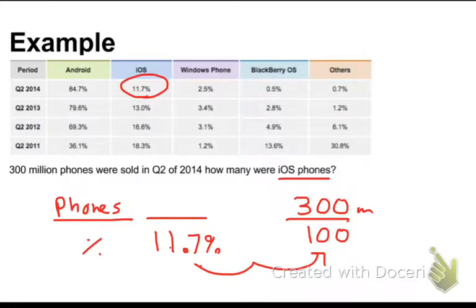So I do 100 divided by 11.7, and I get 8.54, but I'm going to round it to 8.55 because that's the nearest hundredth there.